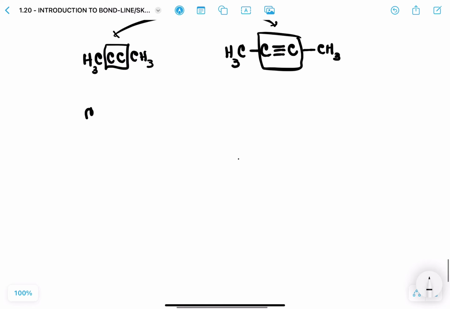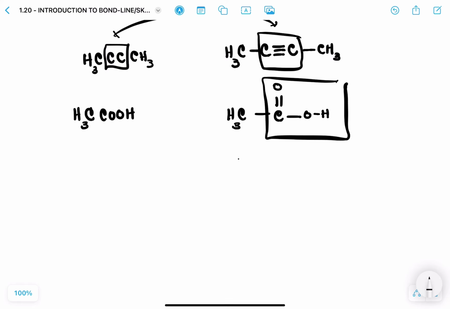So another pattern that we want to look for is when we see COOH, as we did in another problem. COOH is immediately going to be that, which is a carboxylic acid.